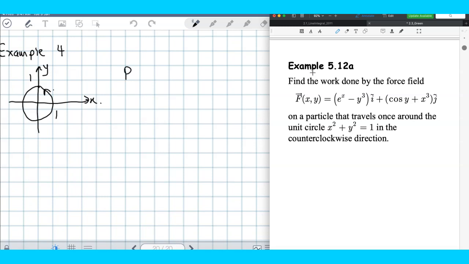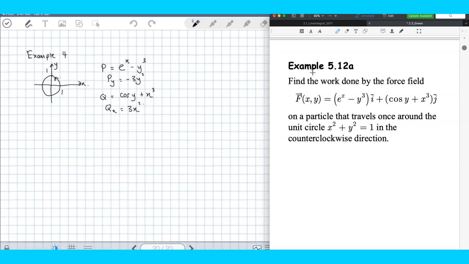P is e^x minus y cubed. Q is cos y plus x cubed. So Py, you will get minus 3y squared, and then Qx, you will get 3x squared.